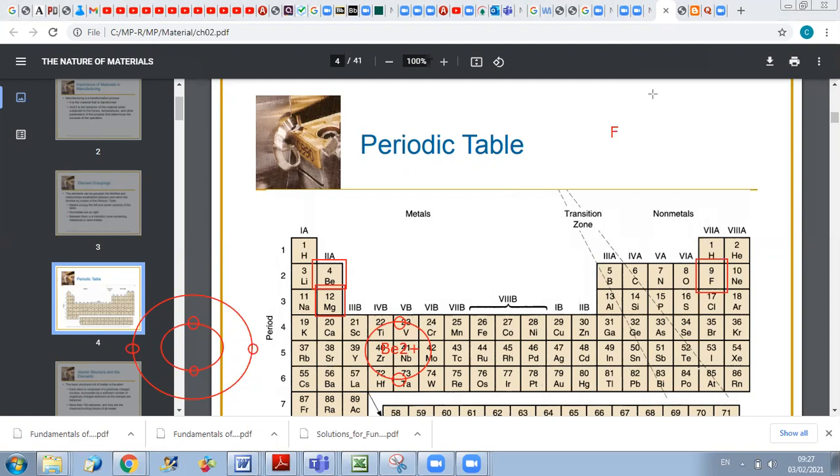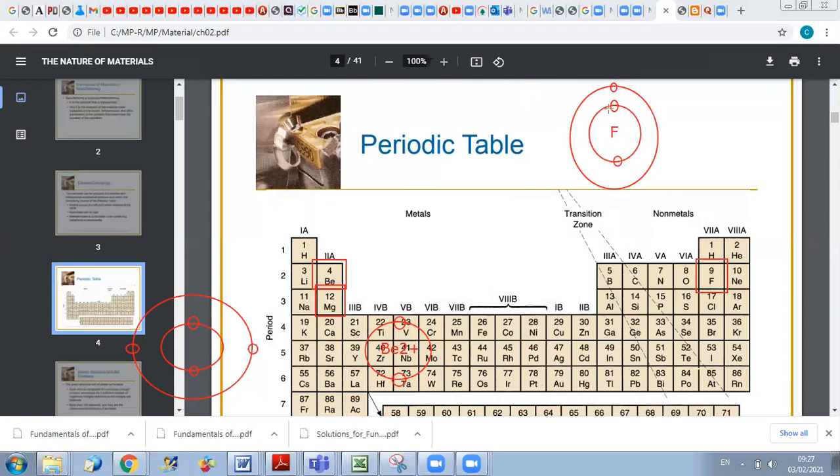This is F. This is the first orbit. It will have 2 orbits since the number of electrons is 9. So this is the first orbit, and this is the second one. On the first orbit, it will have 2 electrons. On the second orbit, it will have 8.